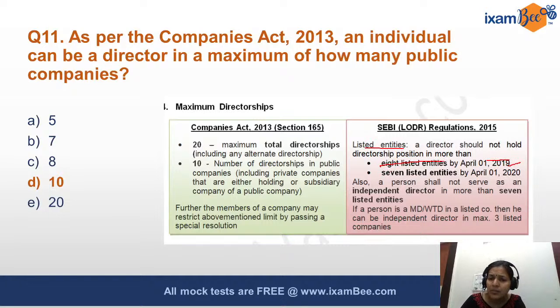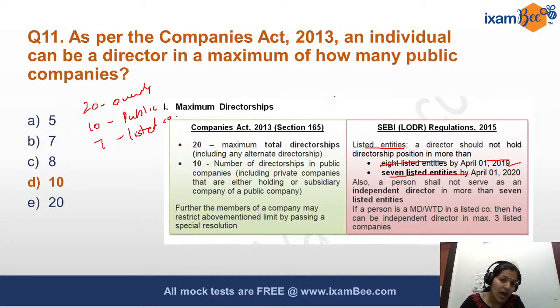So in listed companies, a person can be a director in a maximum of 7 listed companies. So 3 limits you have to remember. 20 is overall, 10 is public companies, and 7 is listed companies. So this is maximum directorships.